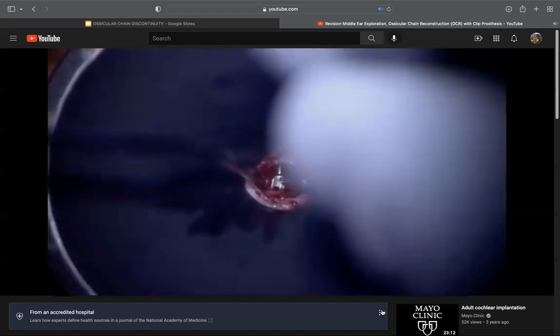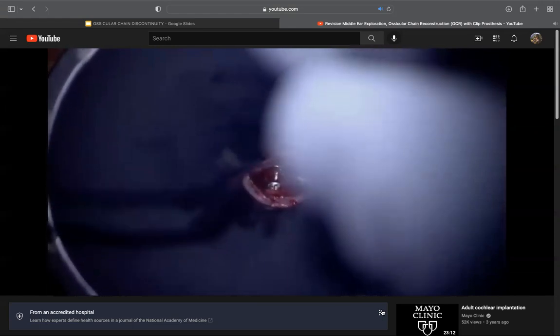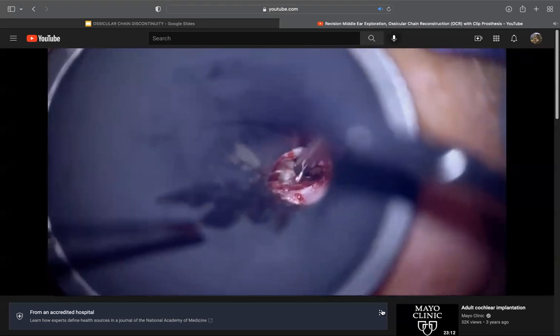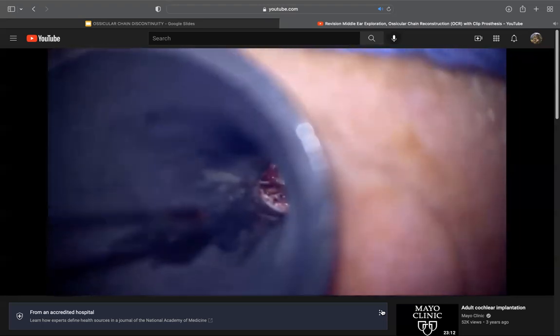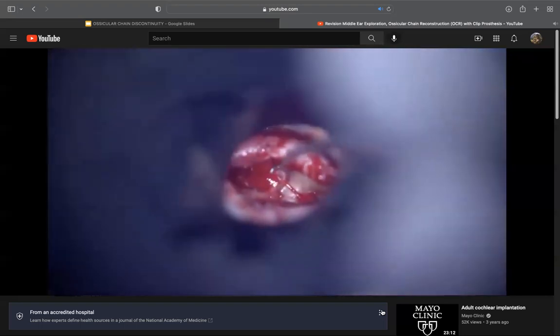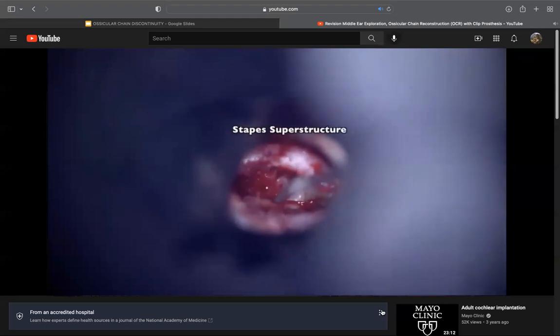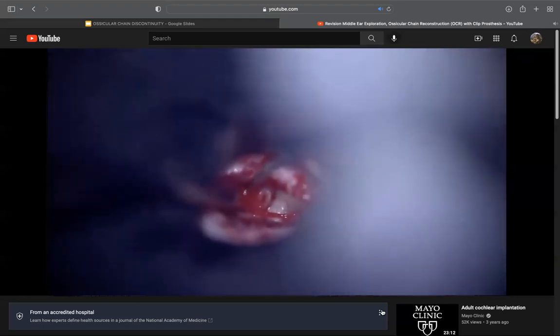I removed his previous prosthesis and elected to place a prosthesis that has a coupling mechanism that will hold to the superstructure better. There are several companies that make these newer prostheses, including the Bite and the Clip. These prostheses in particular have a very light metal that will couple nicely to the superstructure.